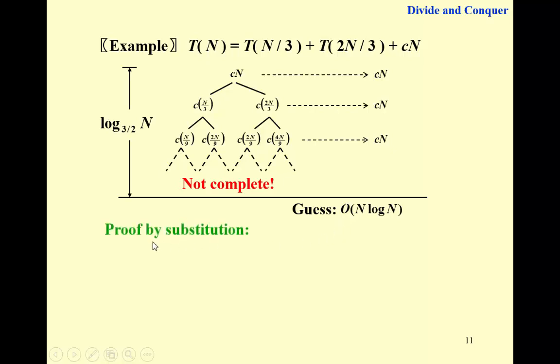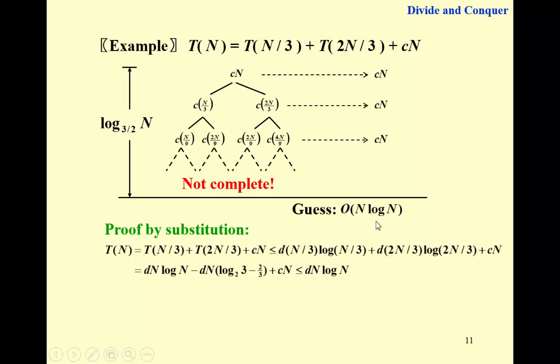And therefore, we can then prove by substitution. The proof by substitution is like we assume that this conclusion is true for any number m which is strictly less than n. Which means what? In particular, if m is 1/3 of n, it should be true. And if m is 2/3 of n, it's also true.